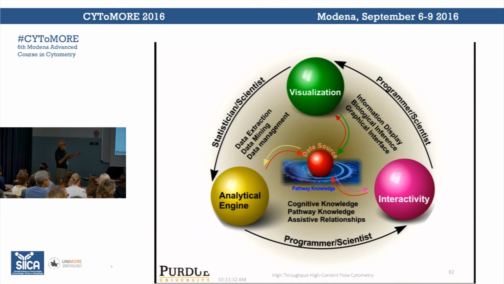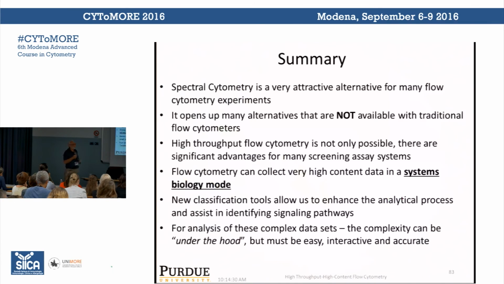So what we want to be able to do is pull out the knowledge that we have, build the pathways of knowledge, and then help us by some interactive process to get to this. And that means we have to have a slightly different approach to our analysis, because we have to have people that have these sorts of skills, that participate with us as scientists. And that really is a core aspect of where we go in this technology.